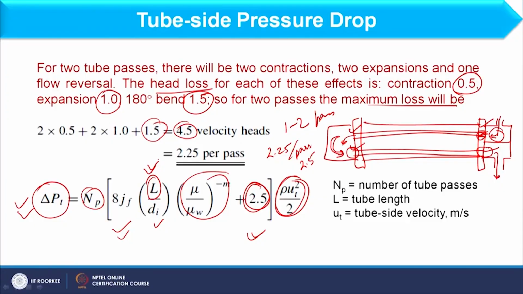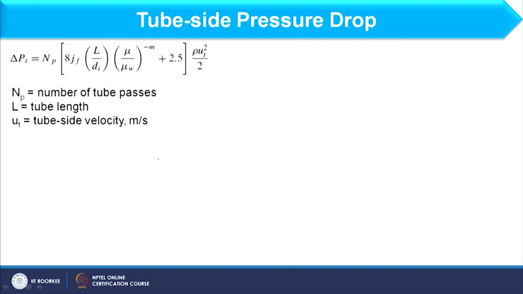The reason is very simple: though tubes are inserted in the tube sheet, flow will occur from that section also, right. So, when I am calculating pressure drop of the tube side, I have to consider the total length of the tube as capital L. Okay.